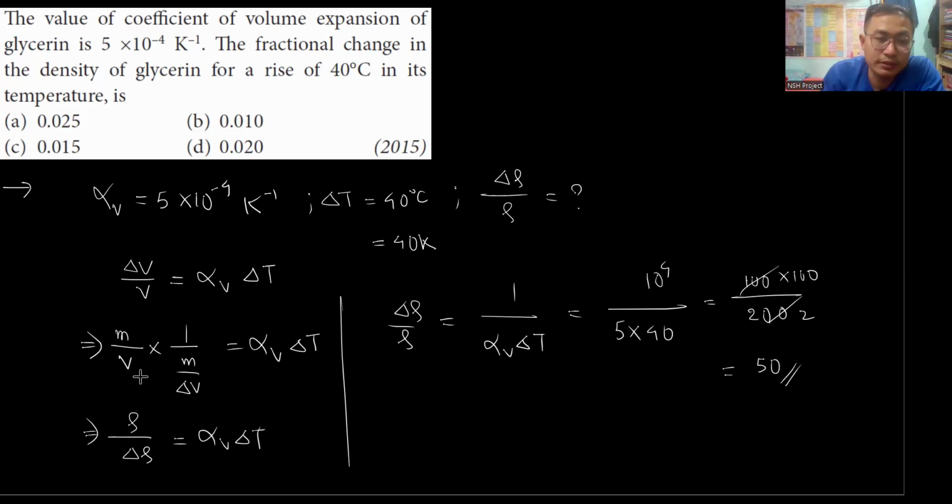Again let's see. Volume density is equal to mass by volume.